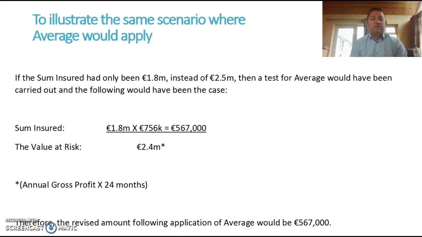So that would give us 567,000. So if average applied in those circumstances, the client would only be getting 567,000, which is a loss that they would have to bear of 189,000.